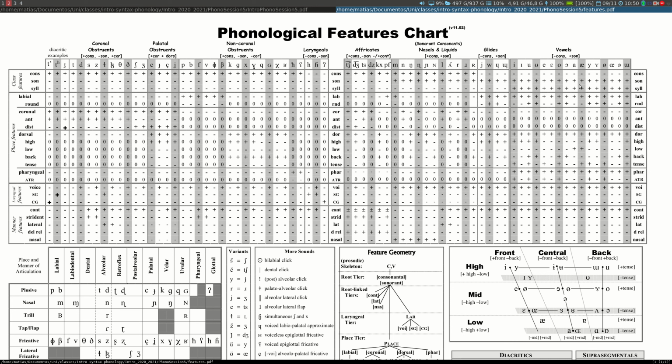So what we're saying here is that these groups of sounds, vowels, glides, and nasals and liquids, share some phonological status together. One example of this, if you remember, was syllabicity.